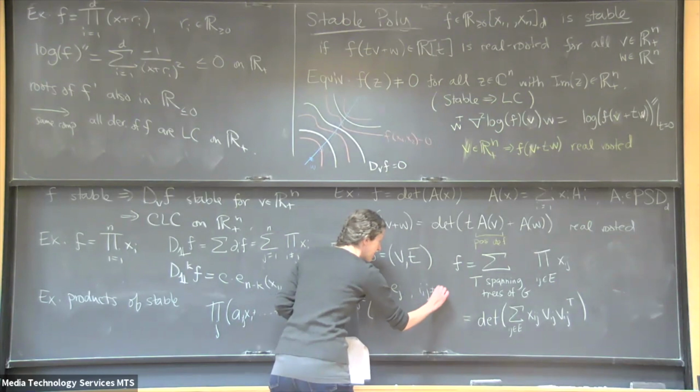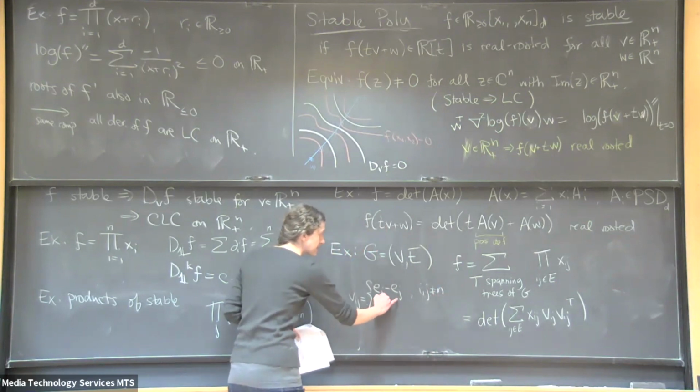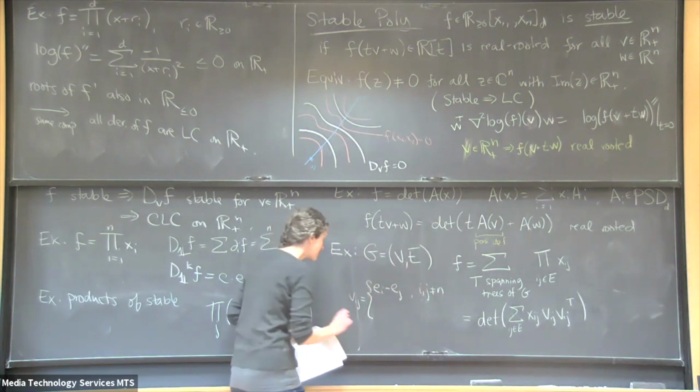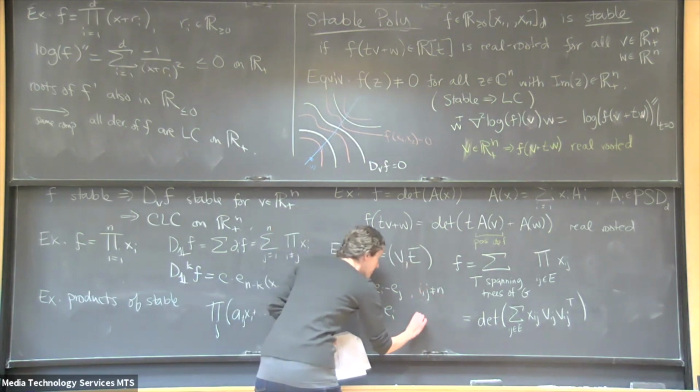So this is equal to the difference of 2 coordinate vectors, and the order doesn't matter because we're multiplying it by its transpose, or we just say e_i.